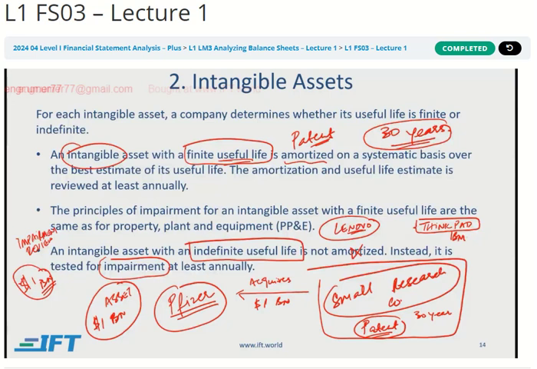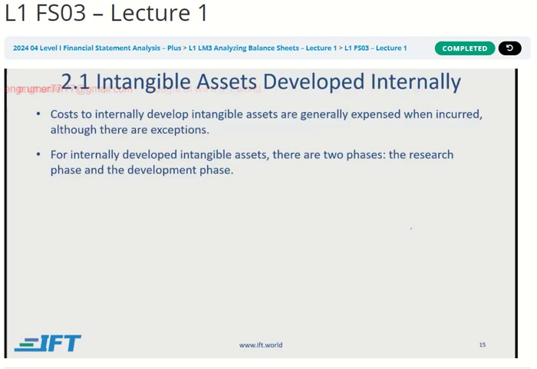But if the auditors are able to say, no, you're not going to be able to sell that many laptops, maybe because the newer generation just doesn't have an appreciation for the brand name anymore or something like that, then the value of that brand will have to be impaired. So that is how you deal with intangible assets which have an indefinite useful life.